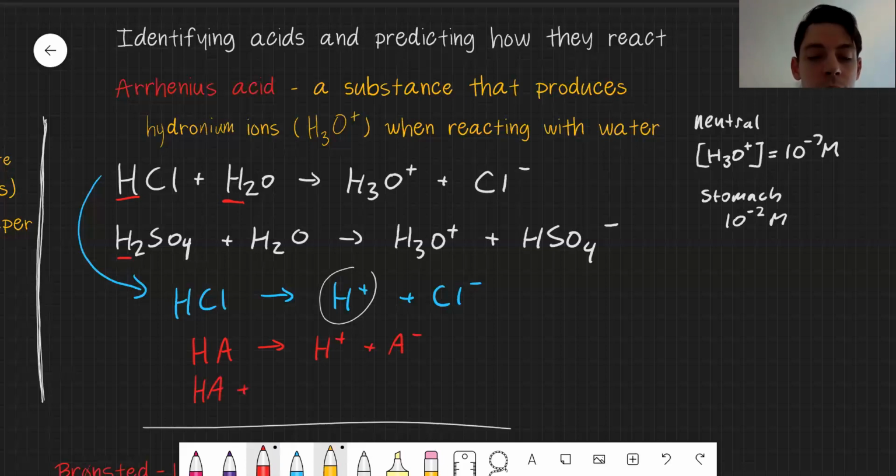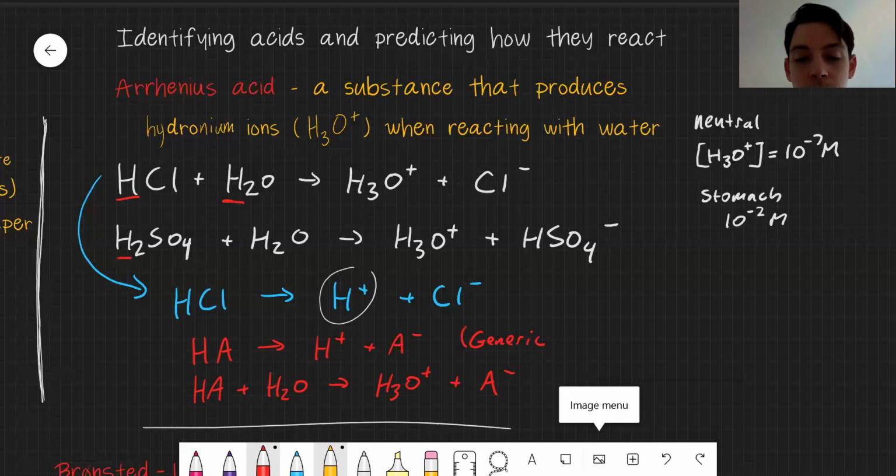Or we could write the full form reacting with water to form H3O plus and again A minus. Okay, this is a generic expression. Okay, it's useful though to keep in mind as you're looking at other practice problems. They should follow this pattern.